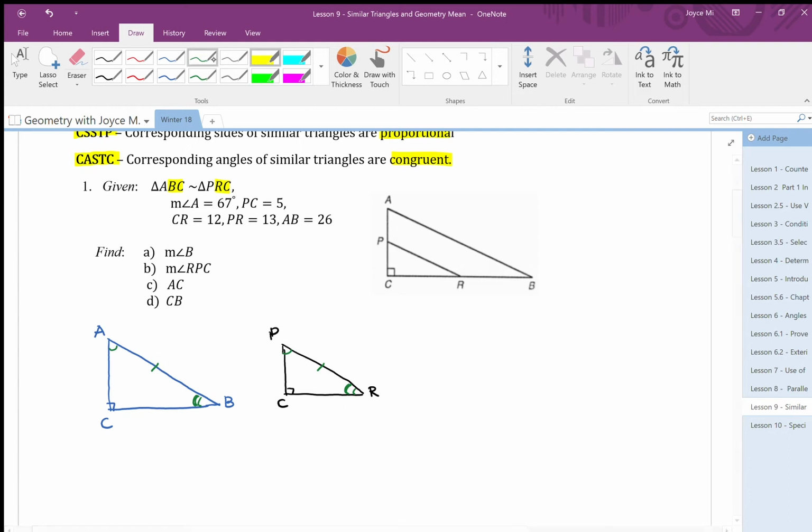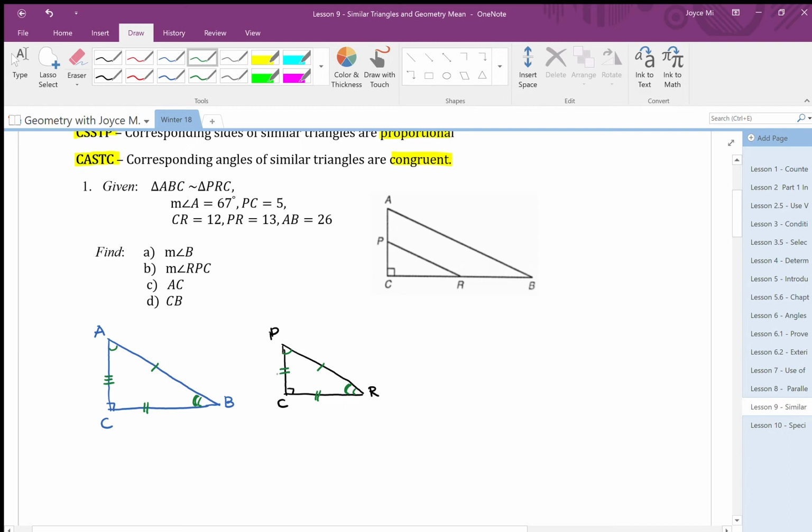Therefore these two sides are also corresponding. So BC corresponds to RC. And the last side is AC, the first and last letters of the first triangle, and PC. So AC and PC are corresponding.